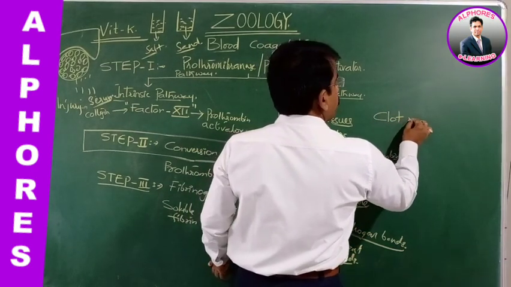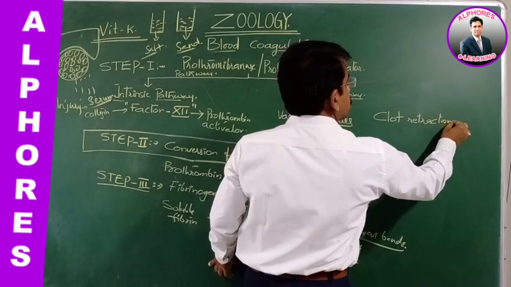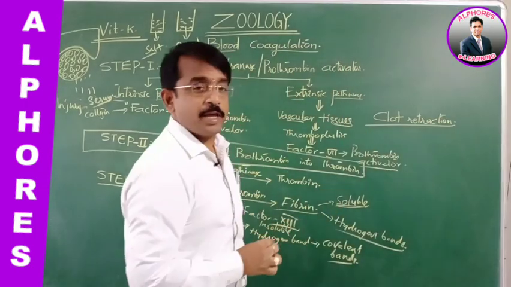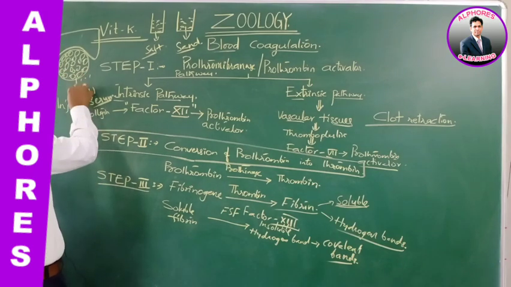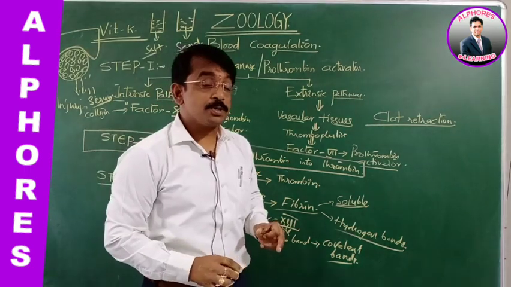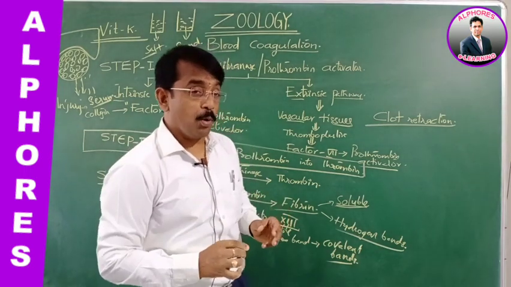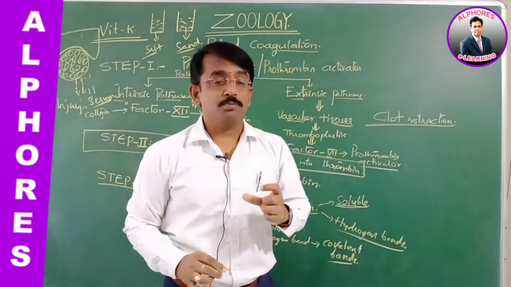As soon as the clot retraction takes place, the fluid released from this region is named the serum. So, suppose you take a sample of blood in a test tube.